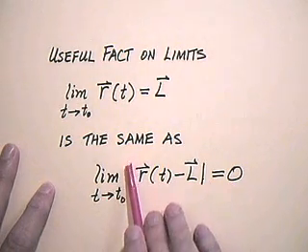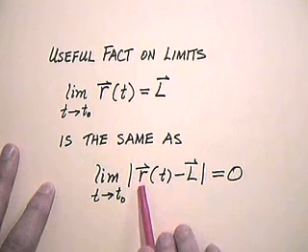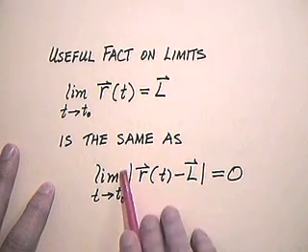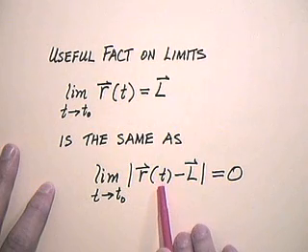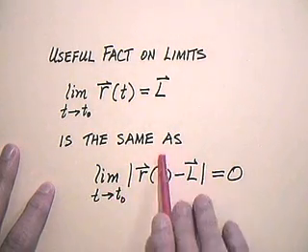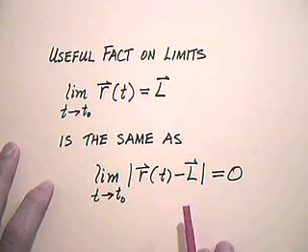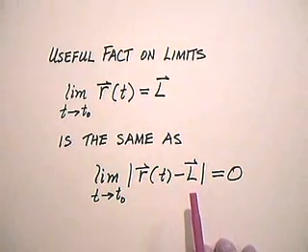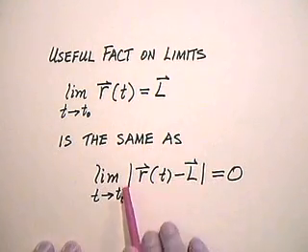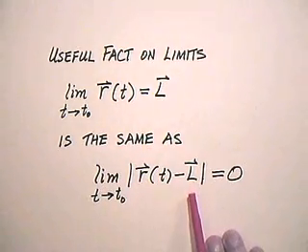Notice when I form the length of r of t minus L, I'm getting a numerical function of the numerical variable t, and so consequently this limit is an ordinary numerical limit. And so consequently we can turn problems of vector limits into ordinary limits.